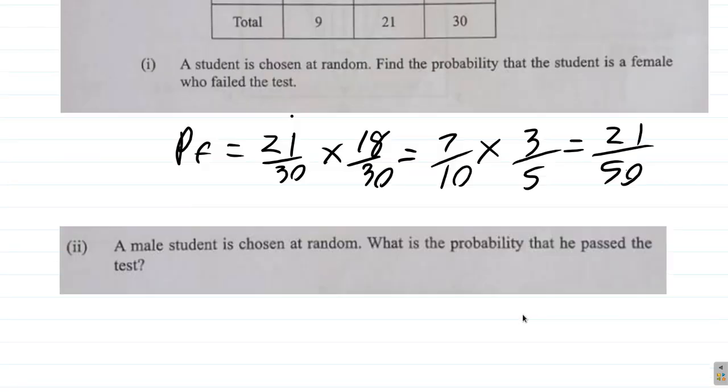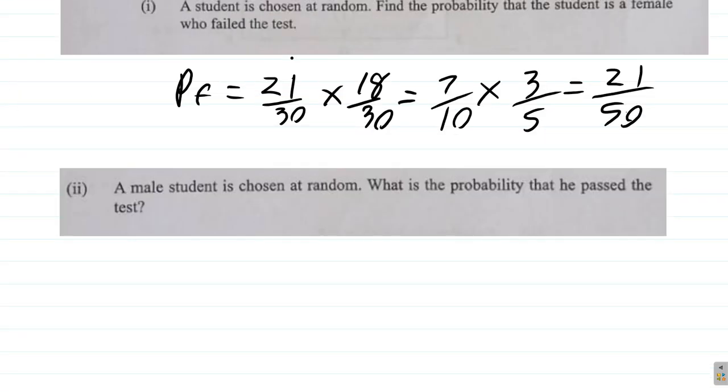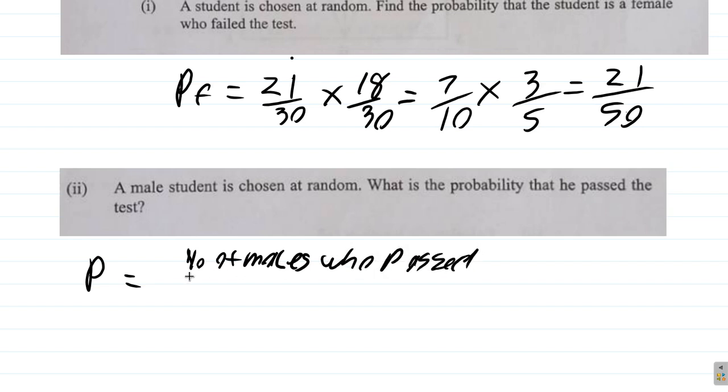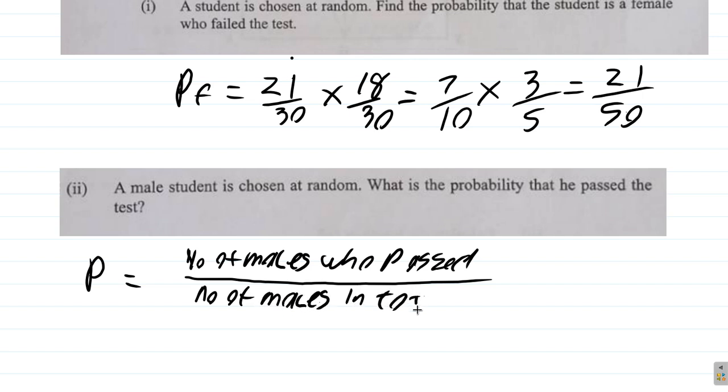So the probability is going to be the number of males who pass divided by the total number of males.